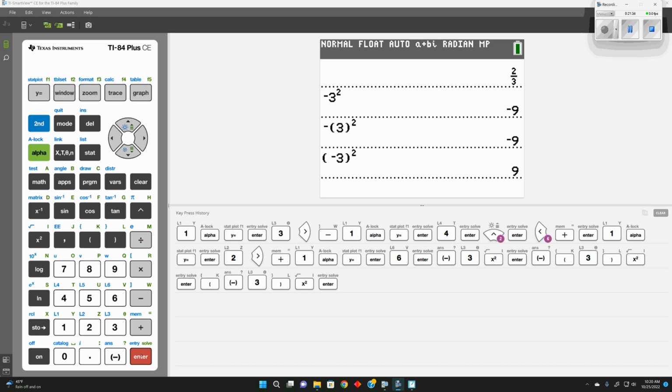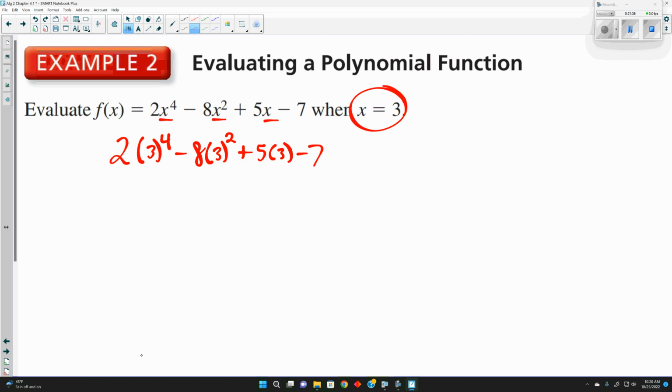So if we're looking at this here, there's 2 ways we can do it. One, we can do this by hand. Or we can plug it into the calculator. Either way works.